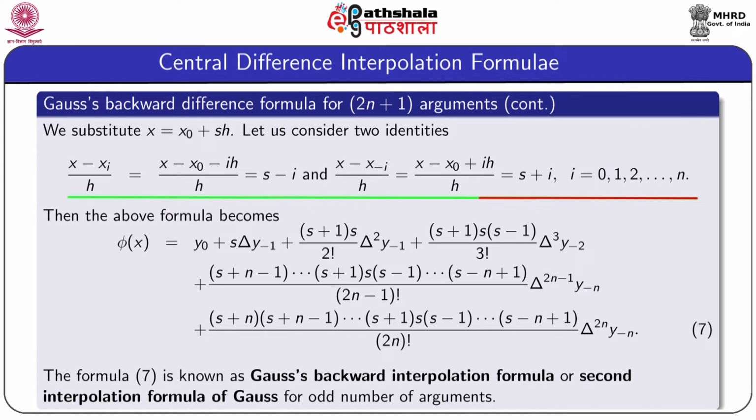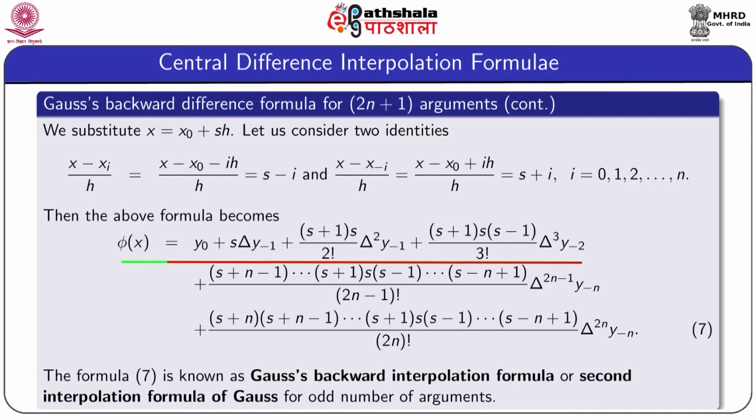Similarly, (x minus x_{-i}) by h is equal to s plus i, and this is true for all i equal to 0 to n. Using this notation, the above formula becomes phi x equal to y0 plus s into delta y_{-1} plus s into (s plus 1) by factorial 2 delta 2 y_{-1} plus (s plus 1) into s into (s minus 1) by factorial 3 delta 3 y_{-2} and so on. So, this is the simplified form with the help of the new variable s.